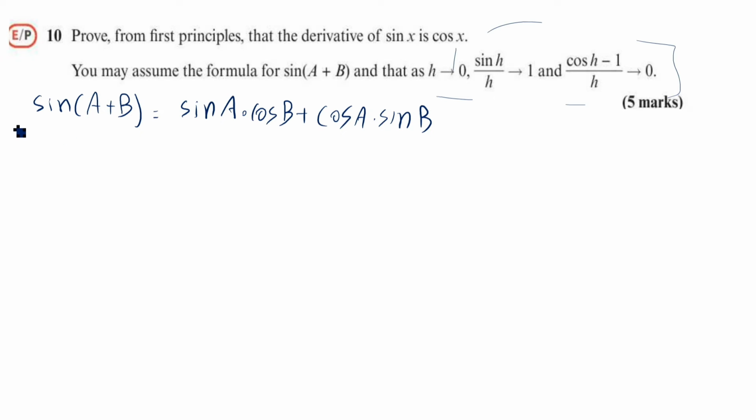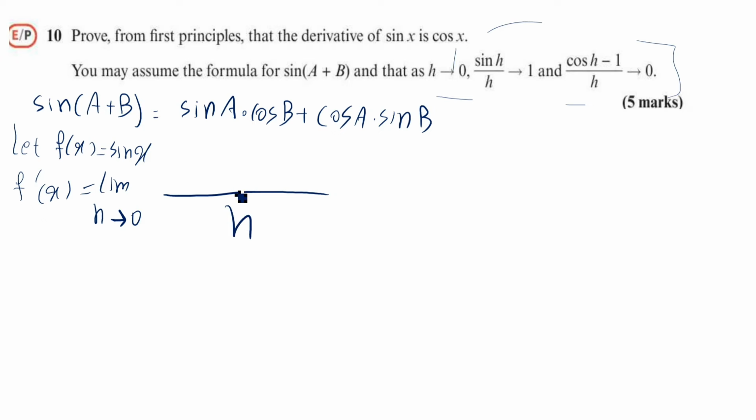So as usual, we let f of x equals sine x, and then we write f dash x equals the limit as h tends to 0 of f of x plus h minus f of x, over h.